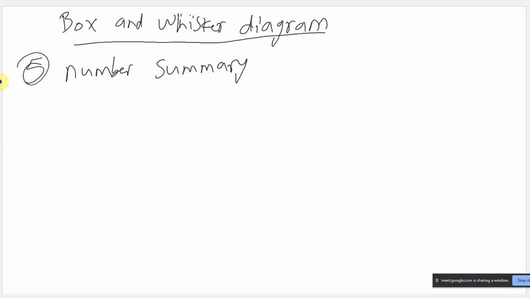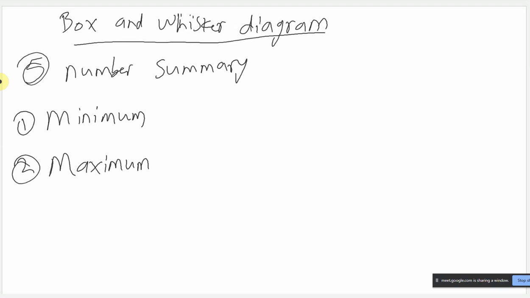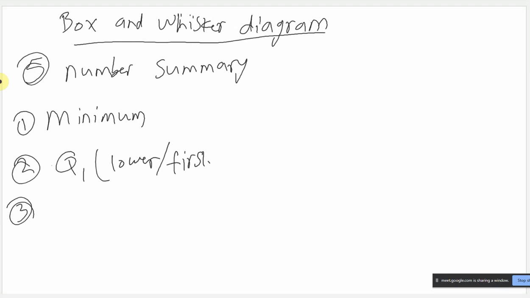Yes, the 5 number summary. So this means that number 1 we talk about the minimum, then we talk about the maximum, then we talk about the... not maximum, no. Maximum will come up at the end. So we talk about Q1, which is the lower quartile or first quartile.